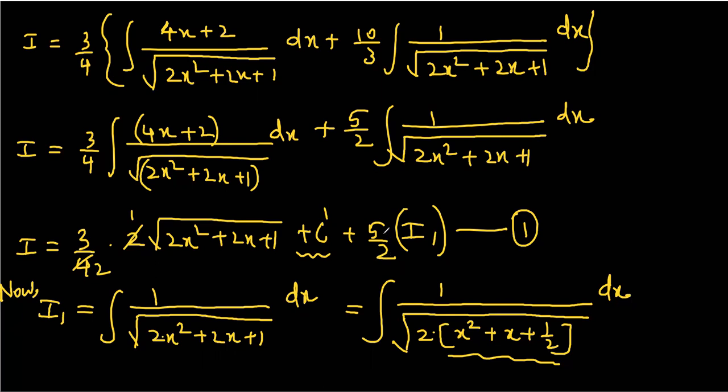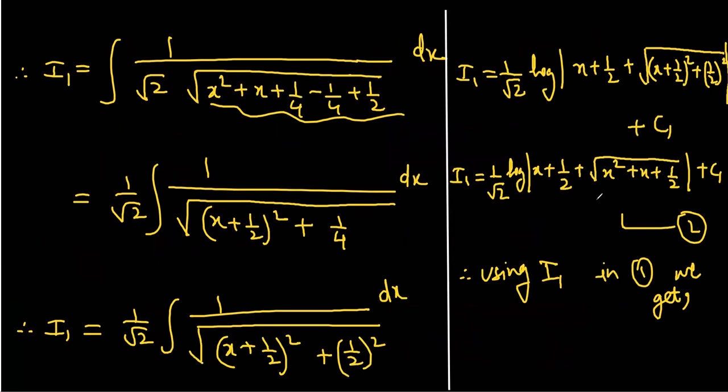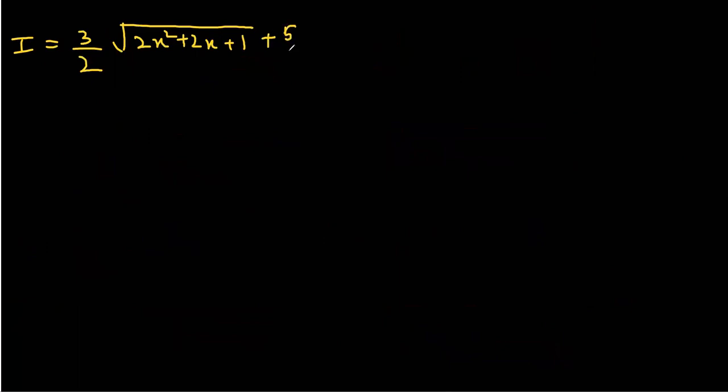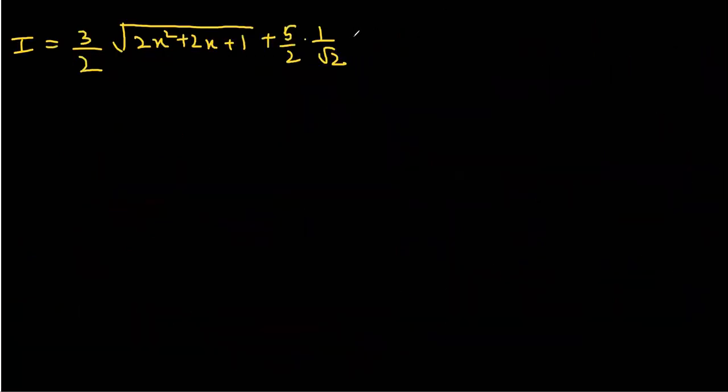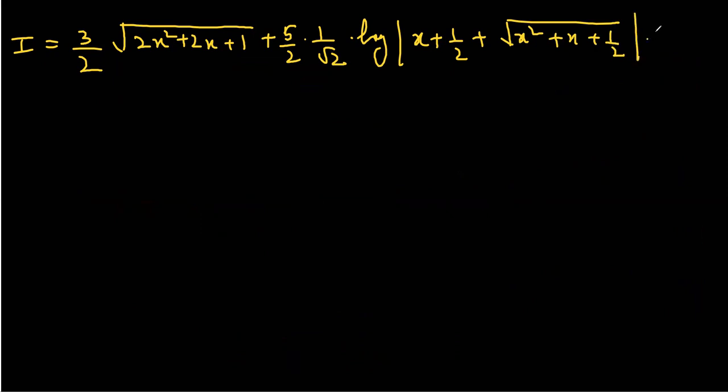The next we are having is plus 5 upon 2 I1. And I1 is this. So here I have plus 5 upon 2 into 1 upon root 2, log of x plus half plus square root of x square plus x plus half plus c1.